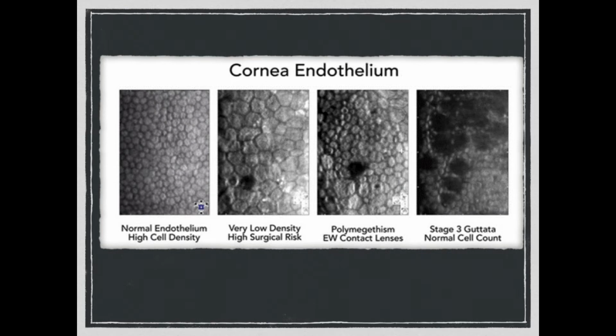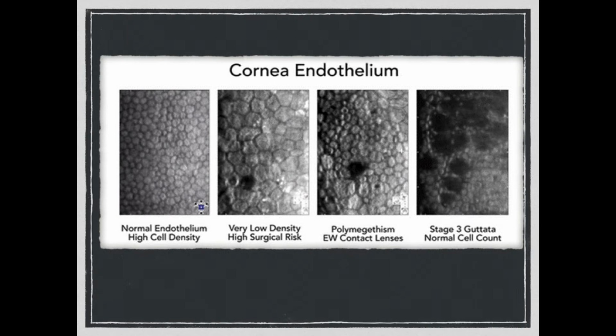In the second picture, the cells are getting bigger, so it shows polymegathism. They are still six-sided, there is no pleomorphism, or at least a very minimal pleomorphism. And here we find black dots that will be discussed later.